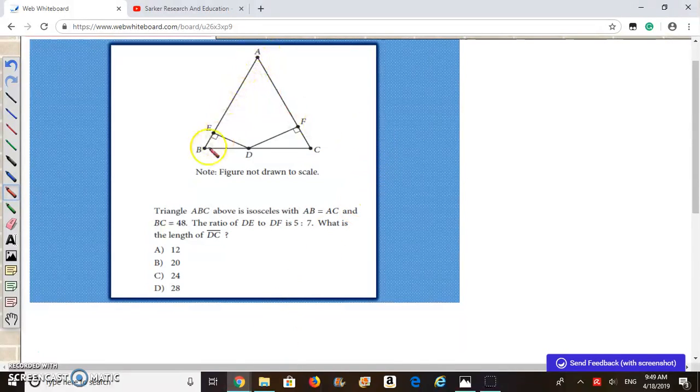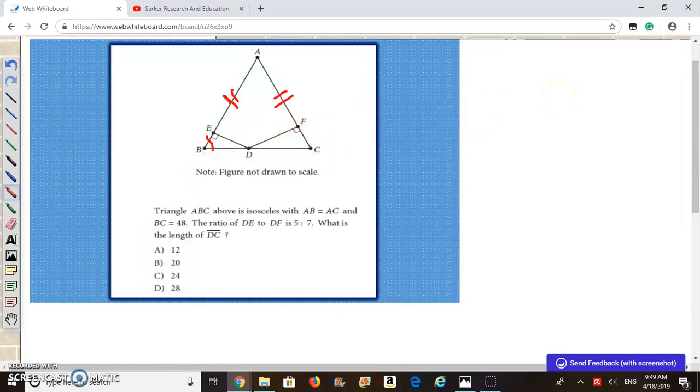So triangle ABC is isosceles where AB equals AC. We know what an isosceles triangle is: a triangle where at least two sides are equal and the corresponding angles opposite to these sides are also equal.